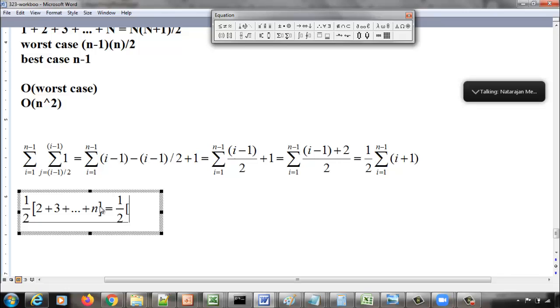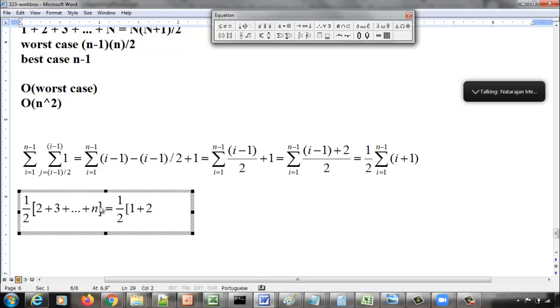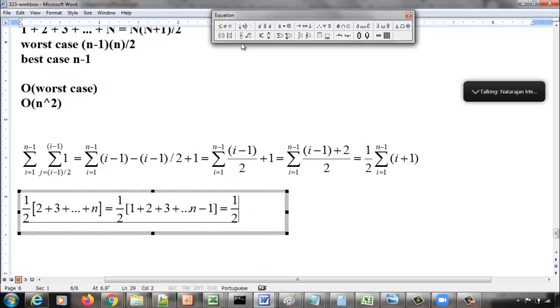So I am going to add a 1 and subtract a 1. Because I'm adding a 1 and subtracting a 1, now this is 1 plus 2 plus up to n, and that's going to be n times (n plus 1) over 2.